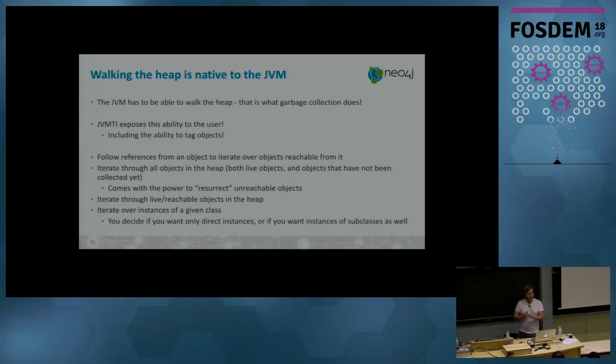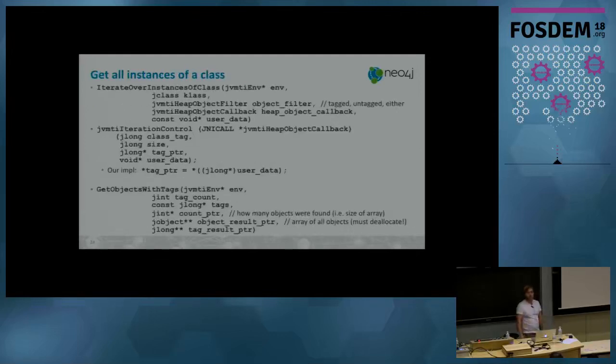There are also APIs for iterating through all instances of a given class. So we can use that to create a Java API that allows us, given a class, to give me all instances of that class. We would use the iterate over instances of a class method in JVM TI for achieving this, and tell it to iterate over all instances of this particular class, and call this callback.